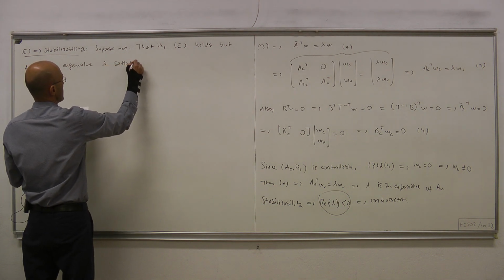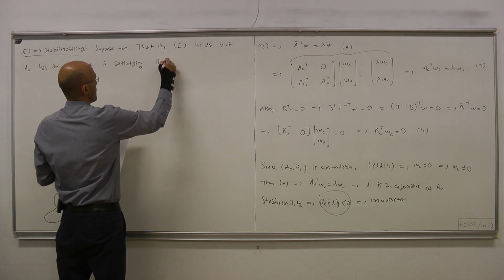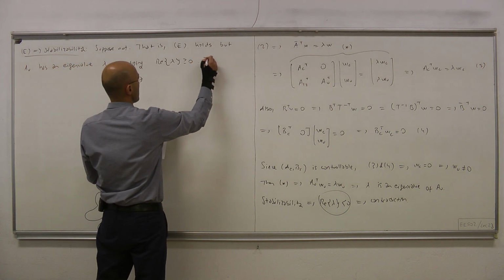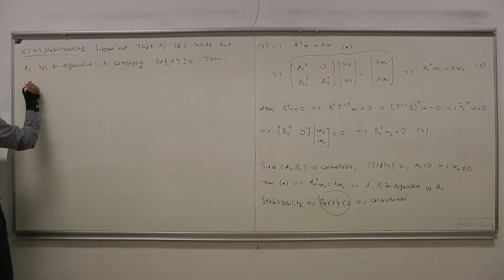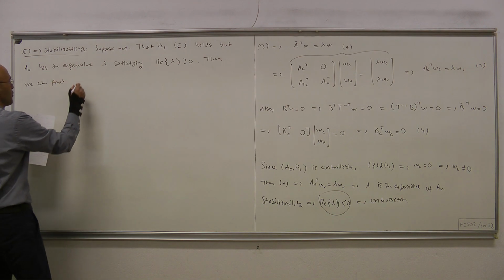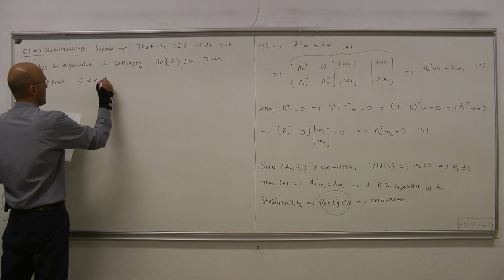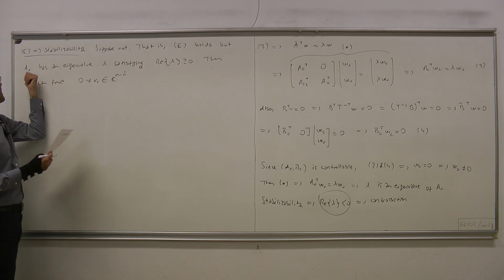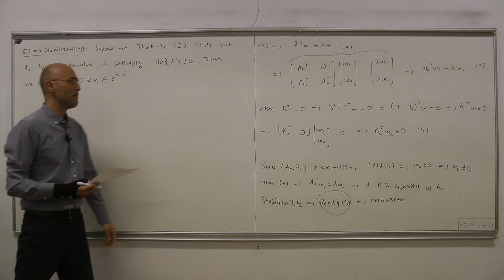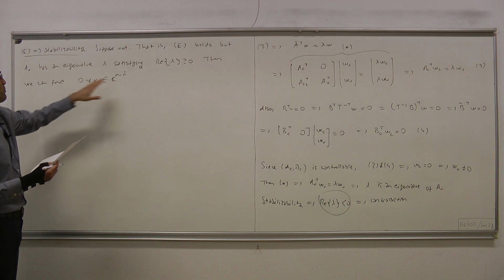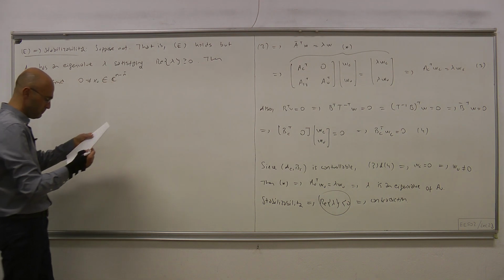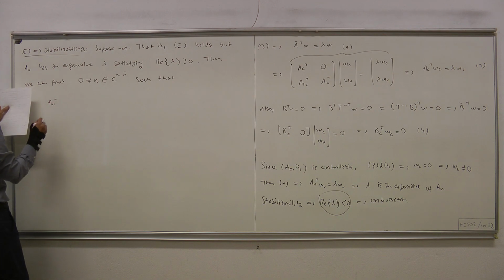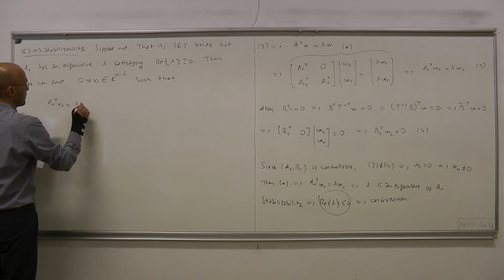Then we can find a non-zero vector XU in C to the n minus n bar, where AU is an n minus n bar by n minus n bar matrix, so this is of appropriate size to be multiplied by the matrix AU, such that AU transpose XU equals lambda XU.